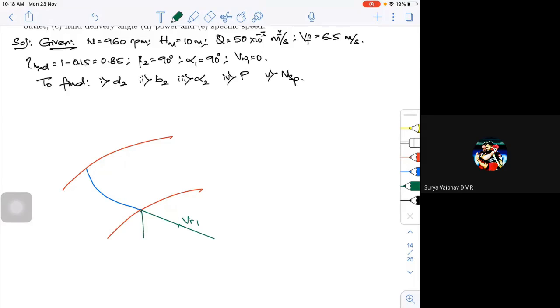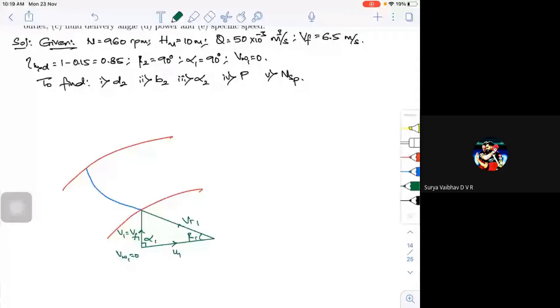This is my radial inlet. So if I try to close it, this will be my U1. This is my V1, which is equal to VF1, because my whirl velocity at the inlet is 0. This is my alpha 1 which is 90 degrees, and this is my beta 1.